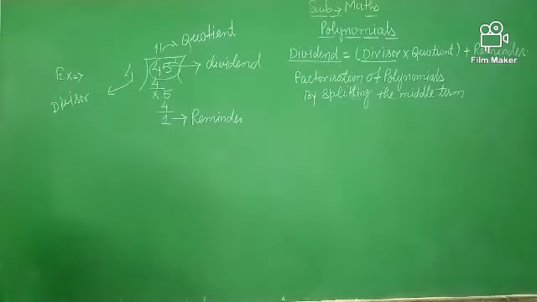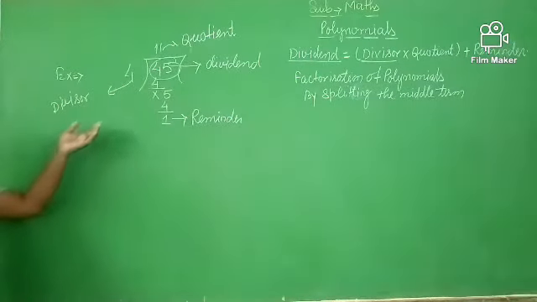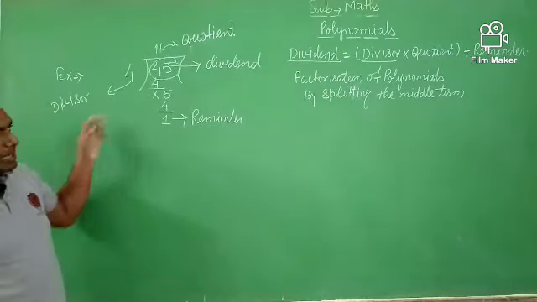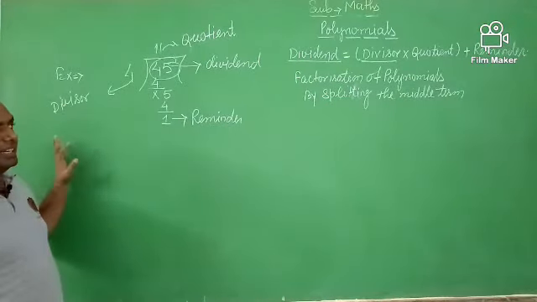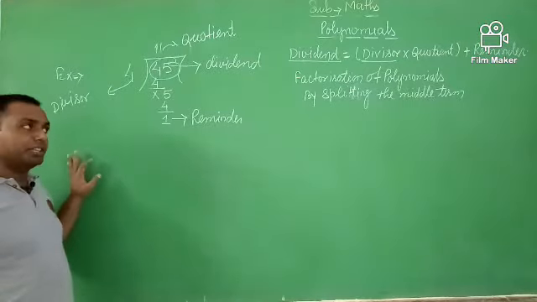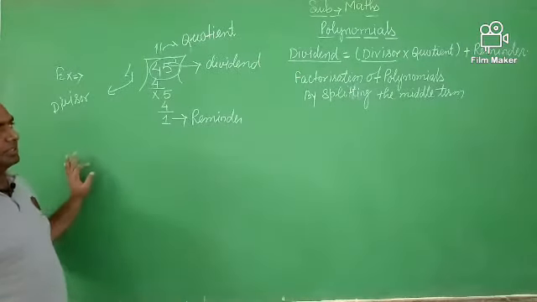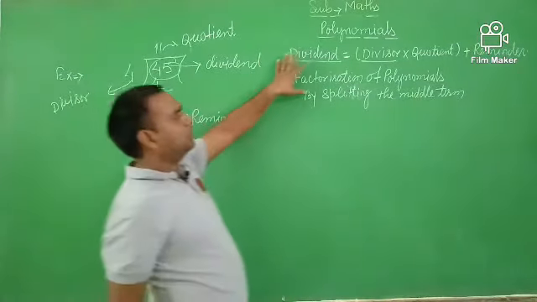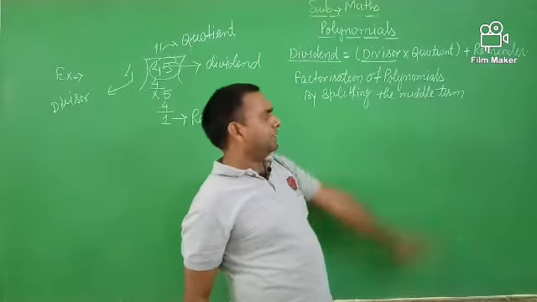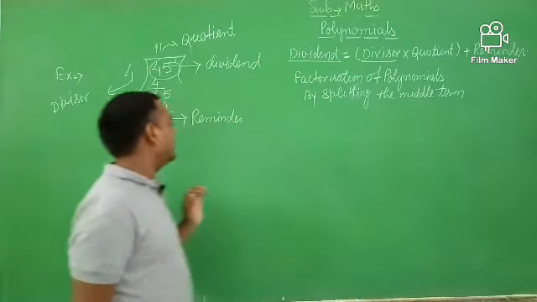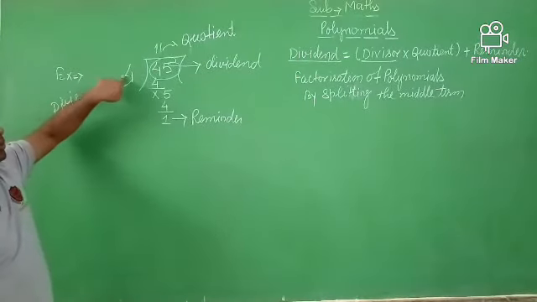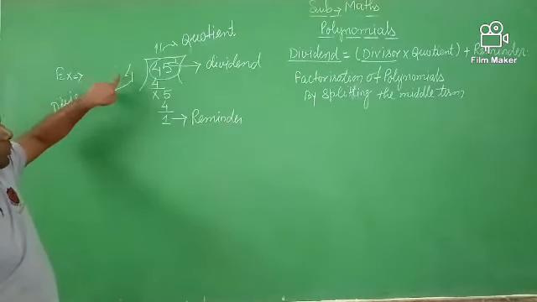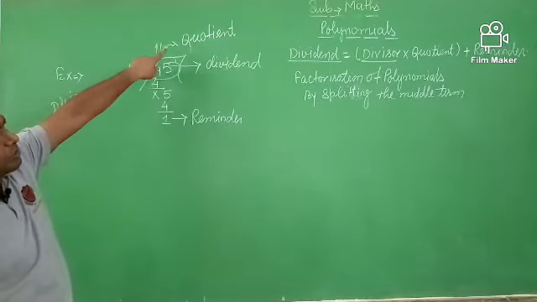So this is for simple arithmetic. In the case of algebra, you also divide and find the dividend, divisor, quotient and remainder. Here dividend is equal to divisor into quotient plus remainder. Here 4 is the divisor, you multiply 4 with 11, the quotient.